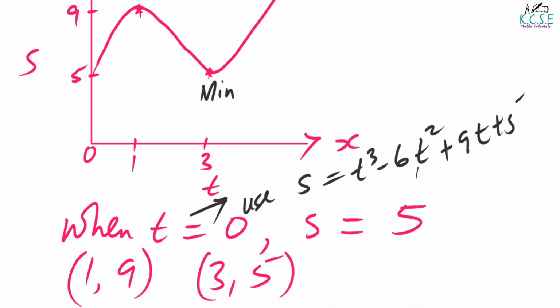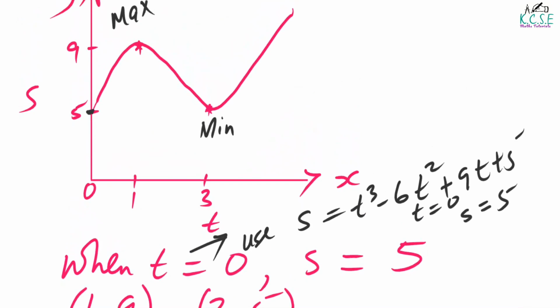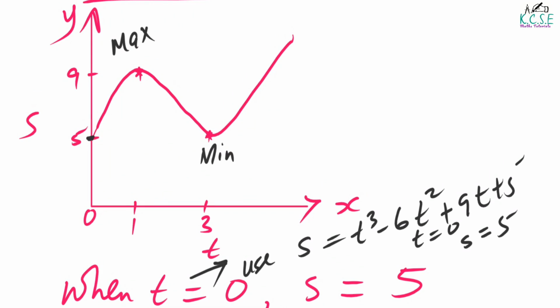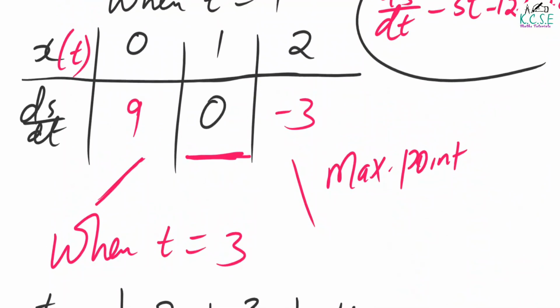So when t is 0, we have found s is equal to 5. That is where you have obtained this value here, 0, 5. And then for the other 2 points, we have used the stationary points, and you have been able to obtain our curve. So that is how you're supposed to sketch the curve given the function.